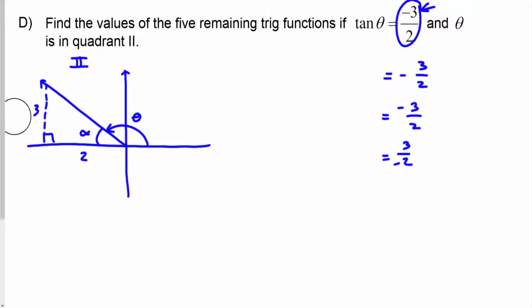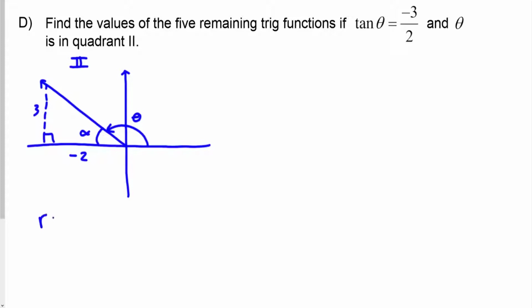So what that tells me is I have to pay attention to my signs, because trigonometric functions don't necessarily affix your signs for you. You have to be aware of them. So I need to make a fix there. All right, that works out. Now, the remaining trig functions, in order to get them, I'm going to need to know the value of r, so the distance from the origin.